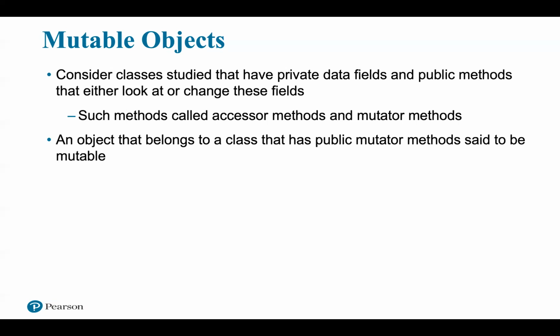For example, you saw the class Name, of two parts, in segment B16 of Appendix B. It has the following two data fields, private String first and private String last. To enable the client to change the values of these fields, we give the class the mutator methods setFirst and setLast. To look at the fields, it has the accessor methods getFirst and getLast.